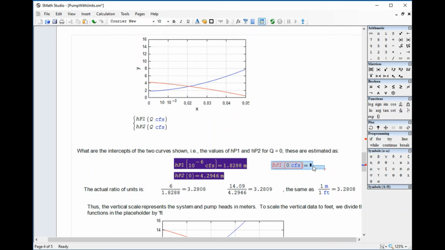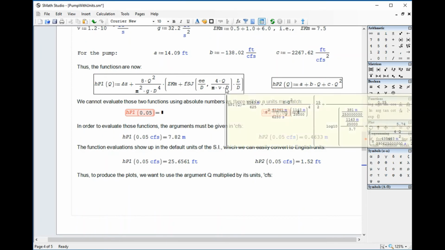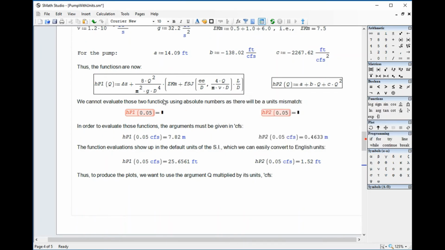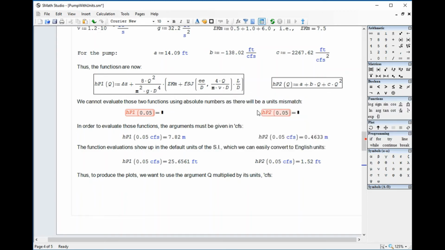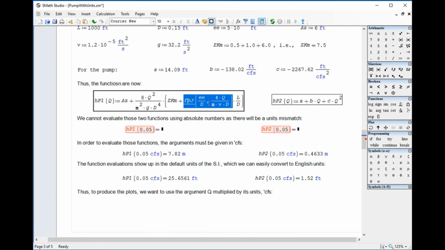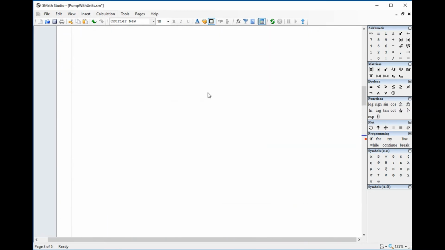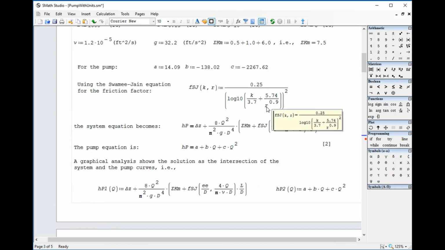The reason is that somewhere in the function there is a Q value that does not give proper results, particularly in the function FSJ.